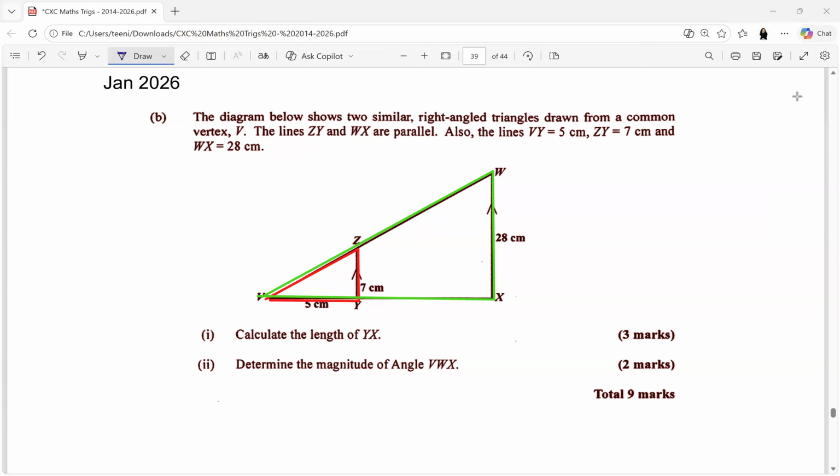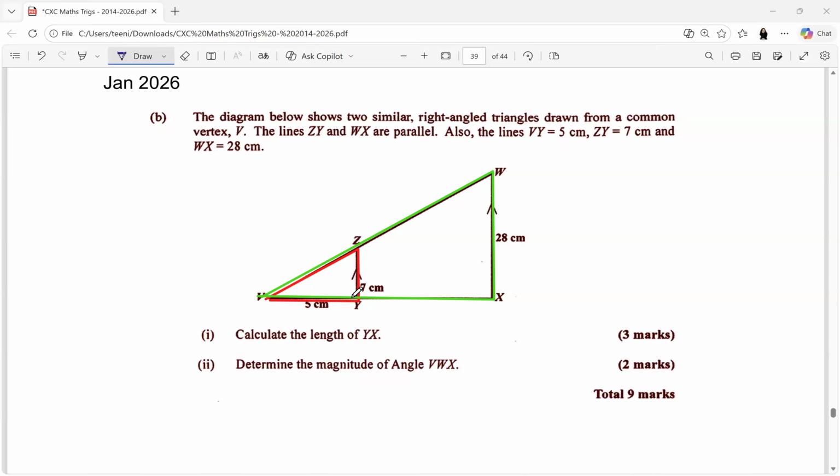Guys, two triangles are said to be similar when the ratio of their sides is equal, and the angles are also equal. The only difference in similar triangles is that the lengths of the sides are different, but in a similar ratio.